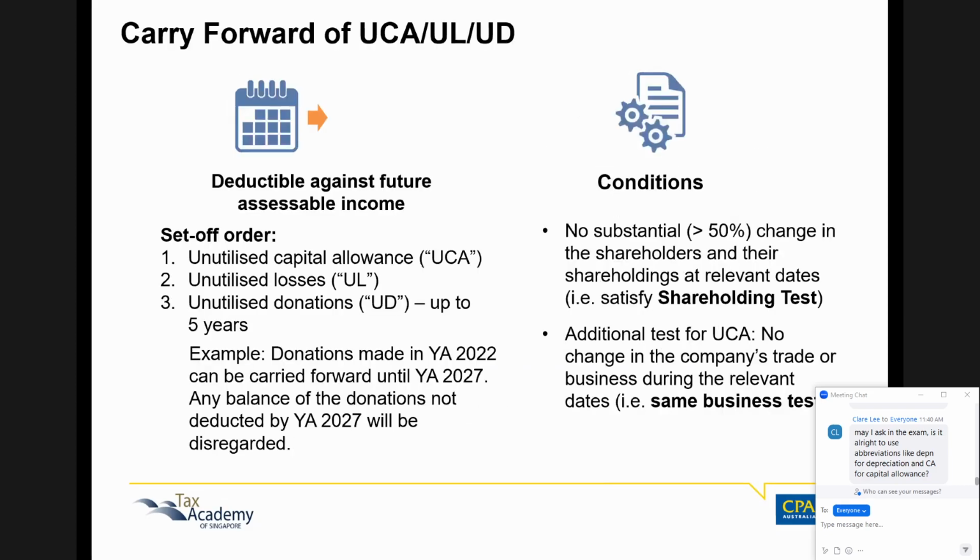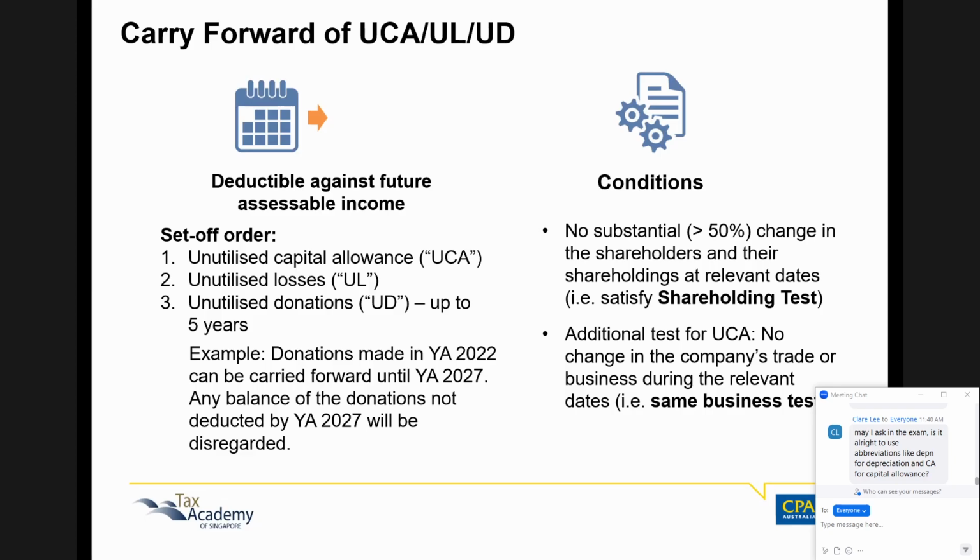Now I move on to carry forward. CA, U is for unutilized: UCA, unutilized CA; UL, unutilized loss; UD, unutilized donation. Sometimes you see people use the word unabsorbed; they are interchangeable.